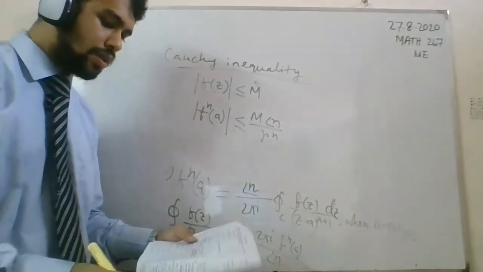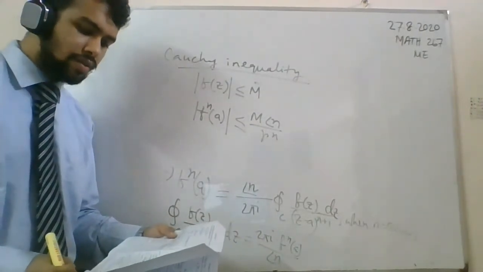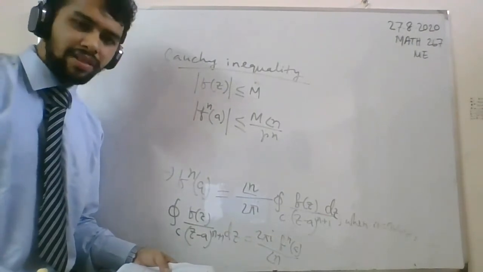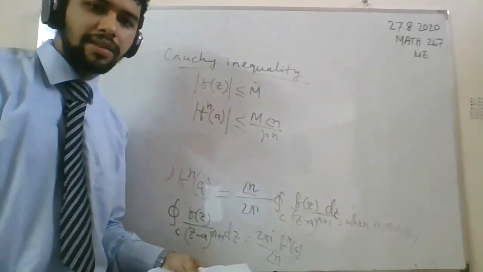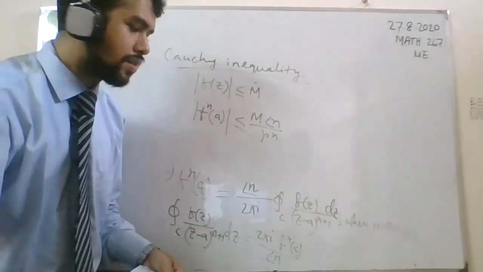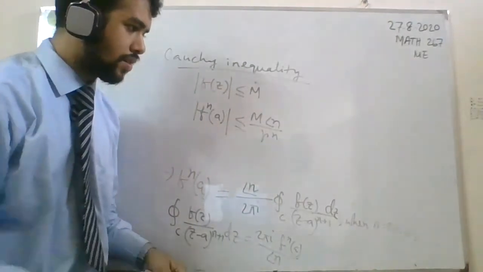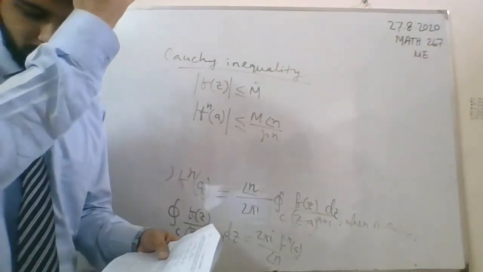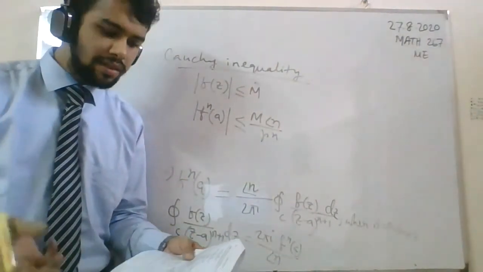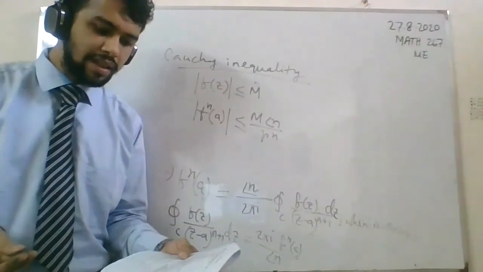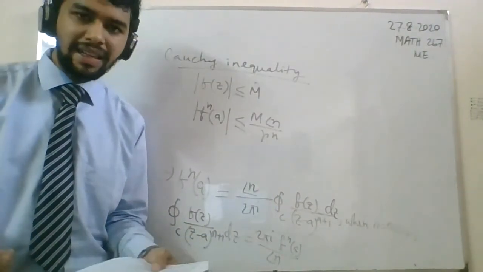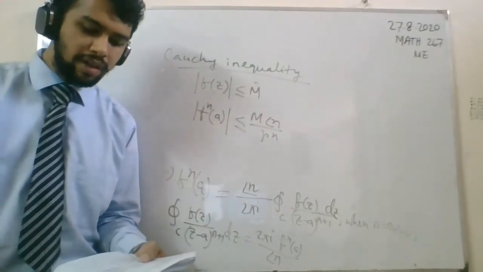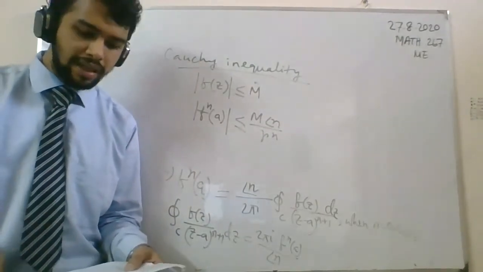For Liouville's theorem, you only have to take two points a and b. So for Liouville's theorem, the statement is: if for all z in the entire complex space f(z) is analytic and also f(z) is bounded, then f(z) must be a constant.